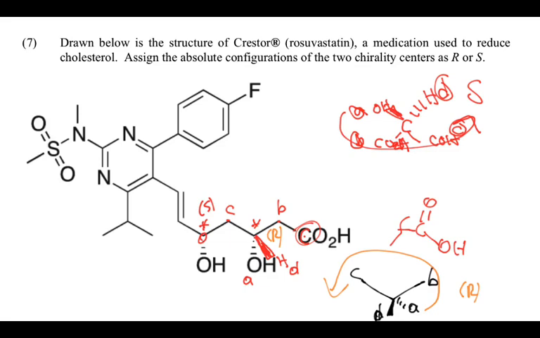Let's see. I'm pretty sure it's R. As it stands now, it's S. It is R, because it goes A, B, C, which is S. But then the H is forward, so you have to flip it.